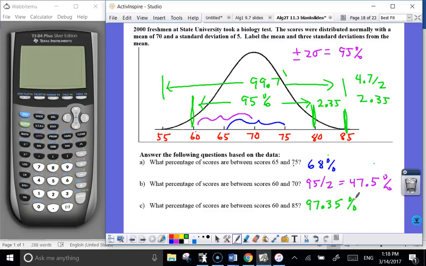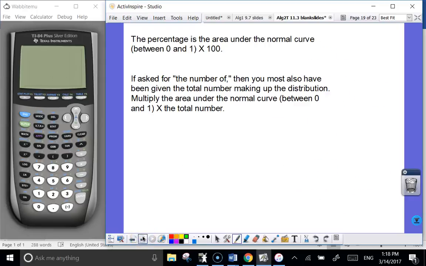So if you get asked the question and they're asking you about whole standard deviations from the mean, then you can use the empirical rule and answer all those questions. Now, sometimes they're going to ask you about how many, not just a percent, meaning that the distribution was made up of how many different individuals, and they want to know how many of the individuals landed in that region.